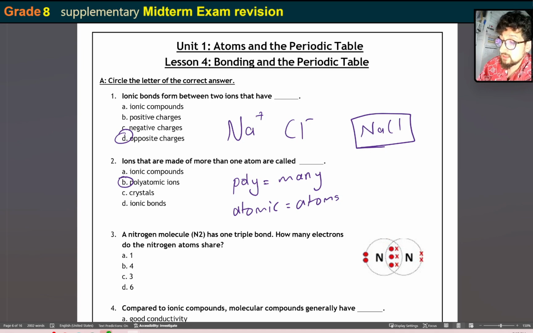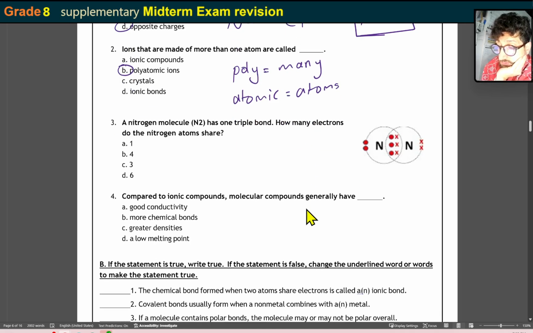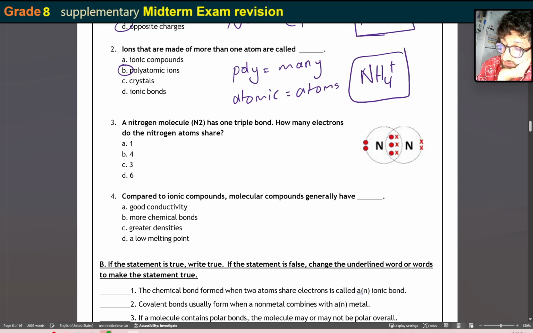It just means an ion that is made from more than one atom. Okay. So let's have a look. An example of which, for example, NH4 plus, that would be an example of a polyatomic ion.